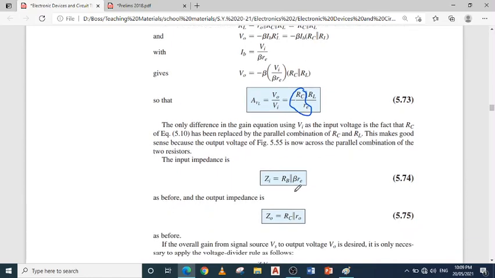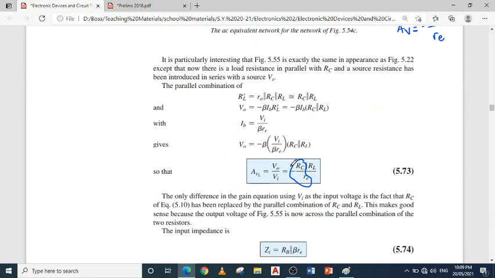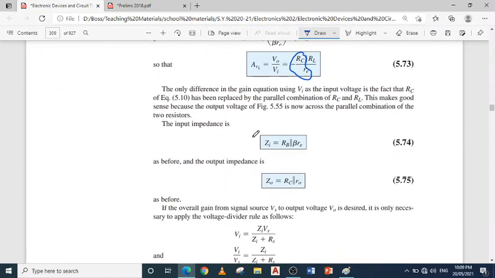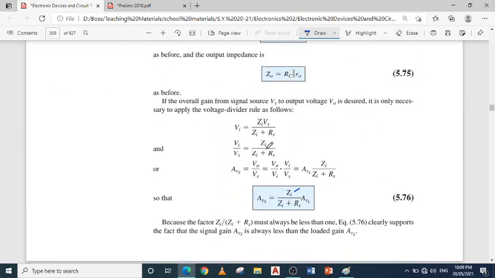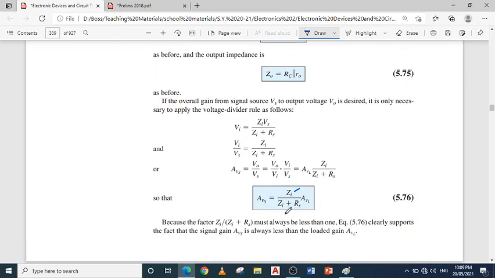And since RS is in series there, it is like a voltage divider, but in terms of gain. So our AVS is ZI.